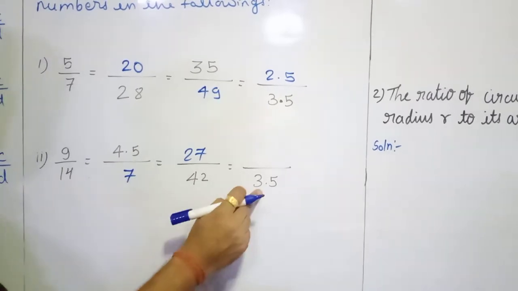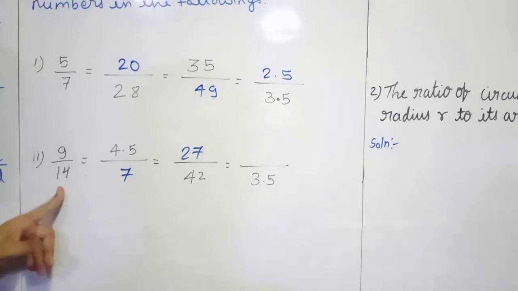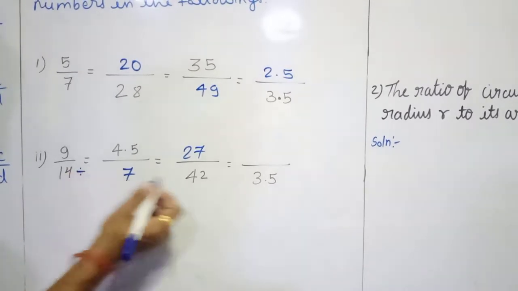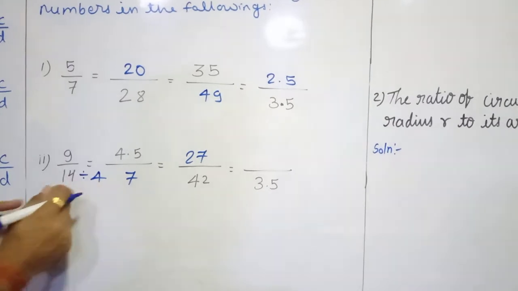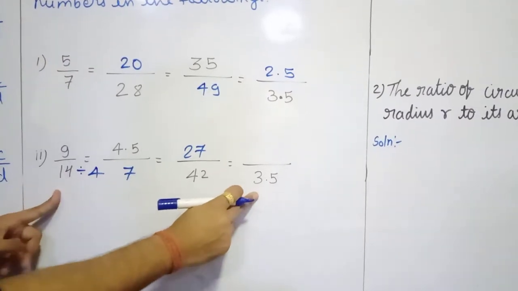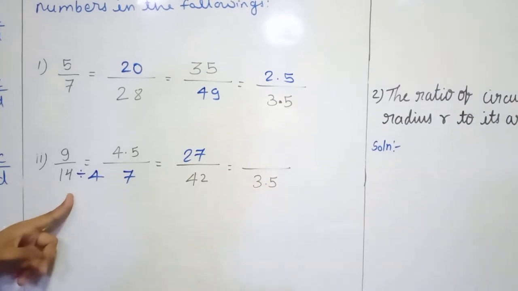This 14 becomes 3.5. So by which number should 14 be divided to get 3.5? By 4. 4 3s are 12, 2 becomes decimal point 20, so 4 5s are 20.